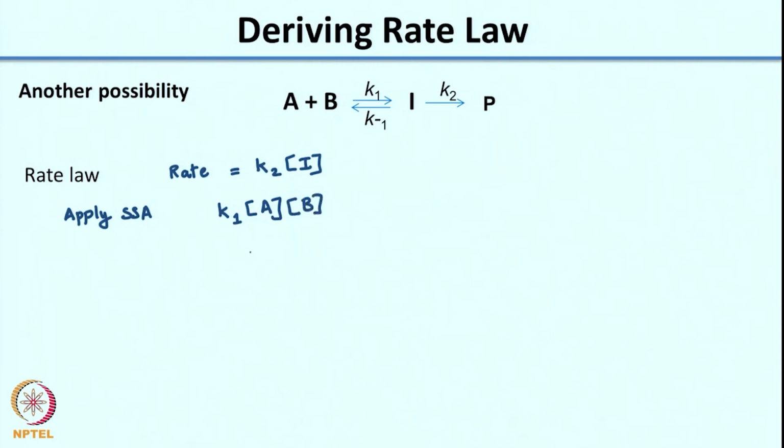And what you get here would be, what are the things which lead to formation of I? So, this leads to formation of I. And what are the things which lead to consumption of I? So, this is formation and this is consumption.